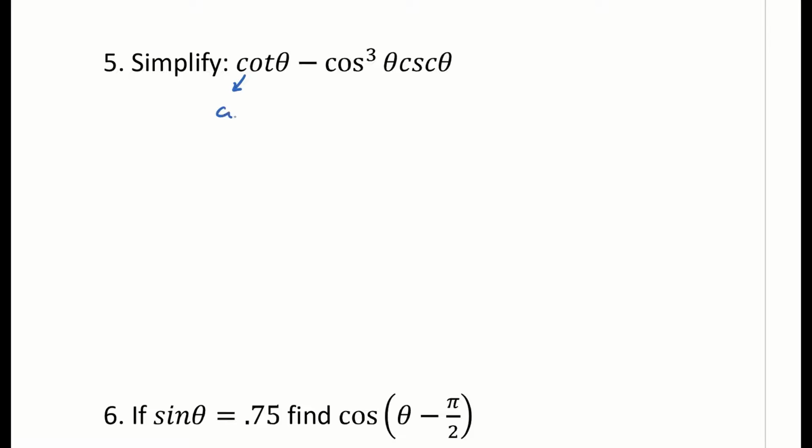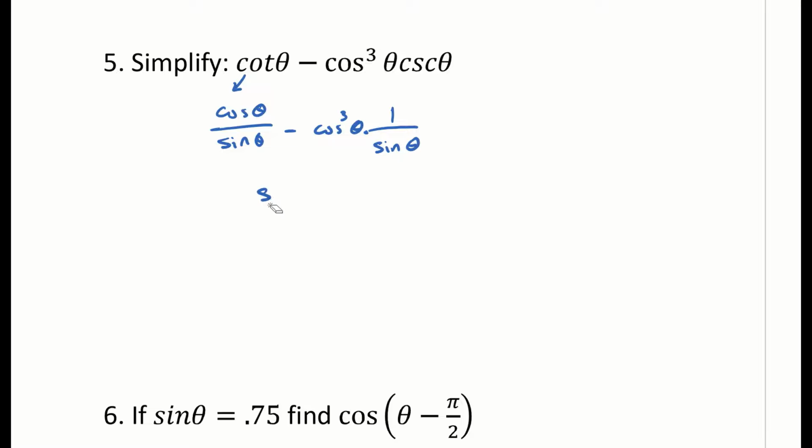So cotangent can be rewritten as cosine over sine. Cosine cubed theta is going to stay as cosine cubed theta, and cosecant is 1 over sine theta. And then from here, we're going to combine these two since they're multiplying.